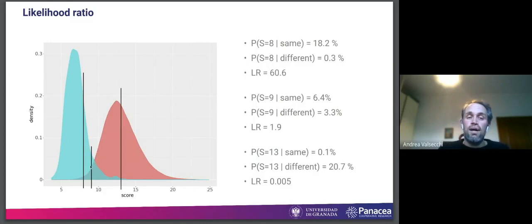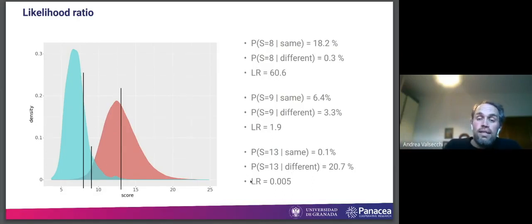If we go to a score value which is more in the overlap between the two, we get roughly the same number, so the likelihood ratio value is almost 2. And finally, when we go to a very high score value, the probability of this being a superimposition involving the correct candidate is very low, and the probability of this being an overlay with different materials is very high.